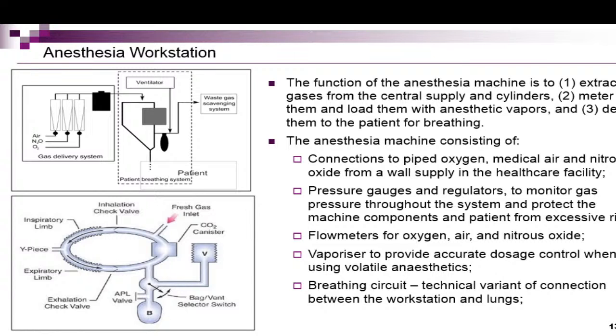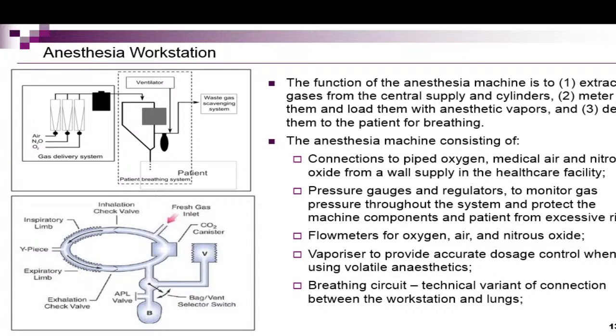The anesthesia machine consists of first connections to piped oxygen, medical air, and nitrous oxide from a wall supply in the healthcare facility. Centralized supply of operation theater by gases or local supply from cylinders.